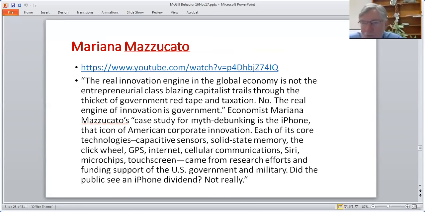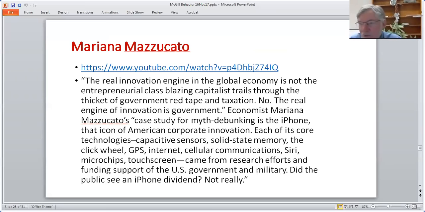At one of these evolution meetings, I had the pleasure of meeting Mariana Mazzucato, and she's done as much as anybody to publicize the importance of the government in driving the economy and driving these seemingly natural occurrences. These mega corporations didn't come about because they're more efficient.